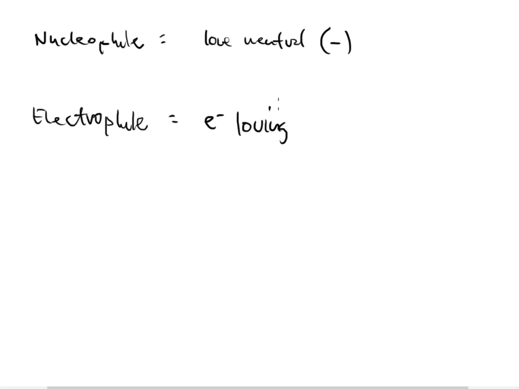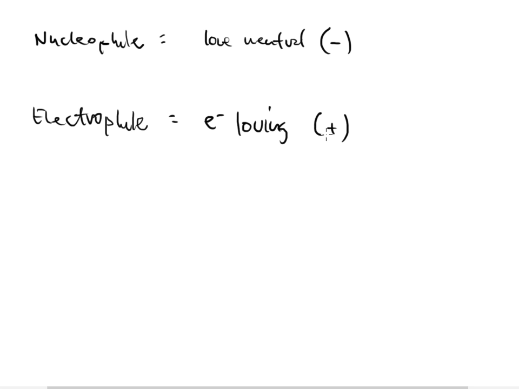Electrophiles are electron loving. That means these are like the millionaires and billionaires, and they have tons of money, and they love to spend that money, and they love to just fish it out left and right. They don't really think about it at all. Electrophiles want to be more negative. They want those electrons, and that's why we call them electrophiles. So typically, these are the positive side of the house.